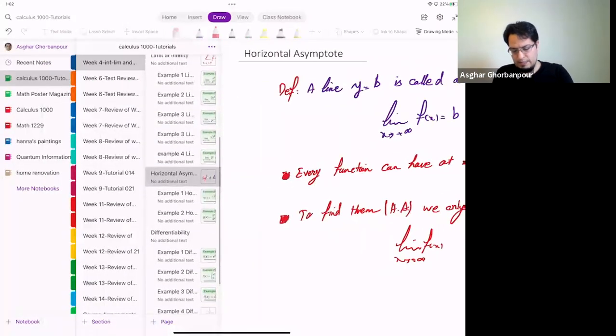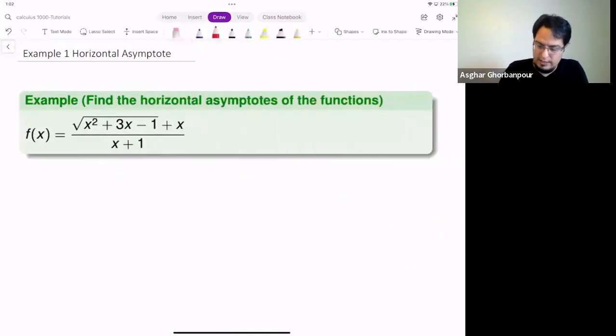Okay. So here we are looking for the horizontal asymptotes. So we go ahead and try to find the limit of this function as x goes to plus infinity. Well, we already did an example like this.